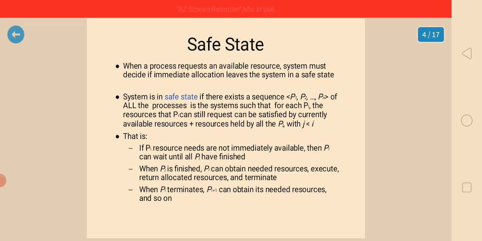So whenever a process requests available resources, meaning the process wants to execute using some resources, at that time the system must decide immediately how to allocate the resources to the process. The system should take care of that.